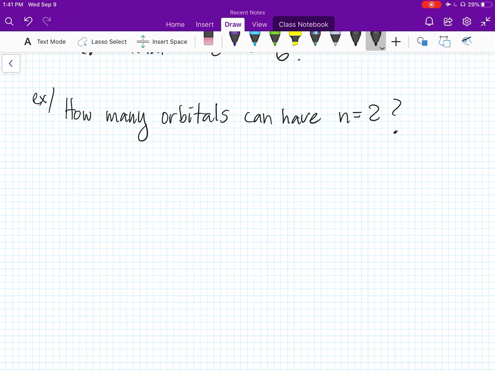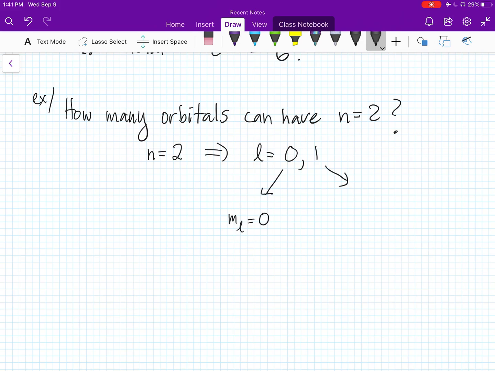That's a good question. If n equals 2, what are the possible values of L? L can take values starting with 0 and going up to n minus 1. So if n equals 2, L can be 0 or 1. If L equals 0, then m sub L can only be 0.